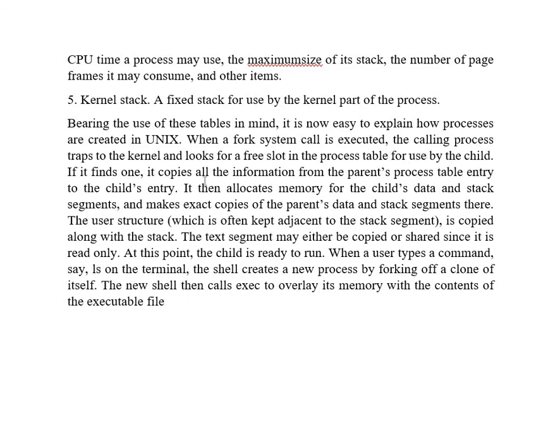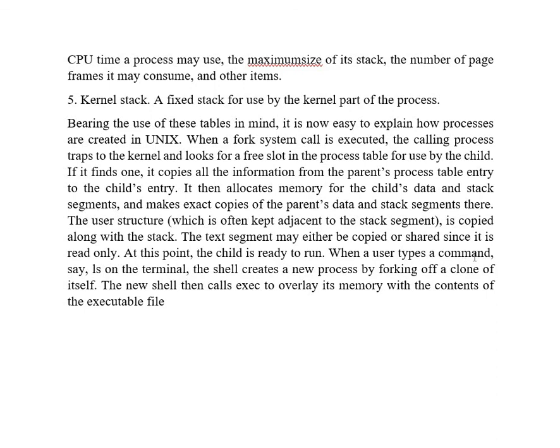If it finds one, it copies all the information from the parent's process table entry to the child entry. It then allocates memory for the child's data and stack segments and makes exact copies of the parent's data and stack segments there. The user structure is copied along with the stack. The text segment may either be copied or shared since it is only read. At this point, the child is ready to run.